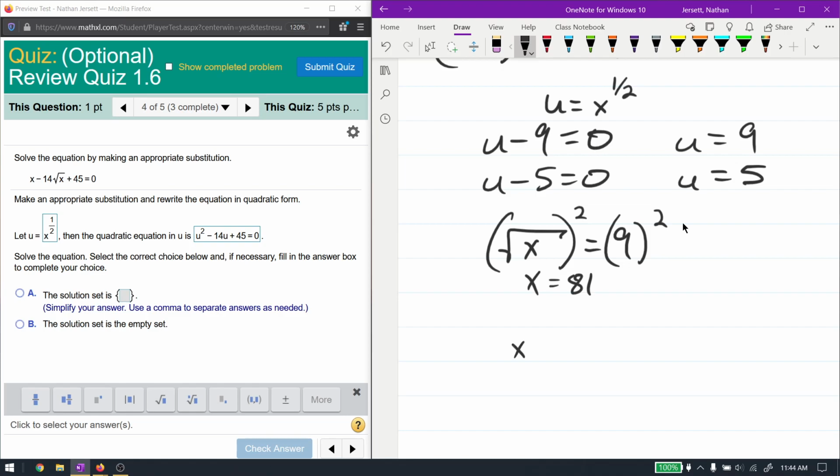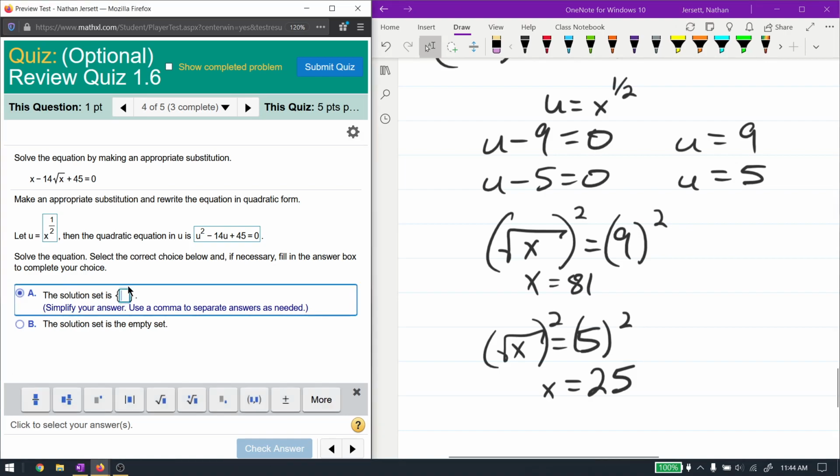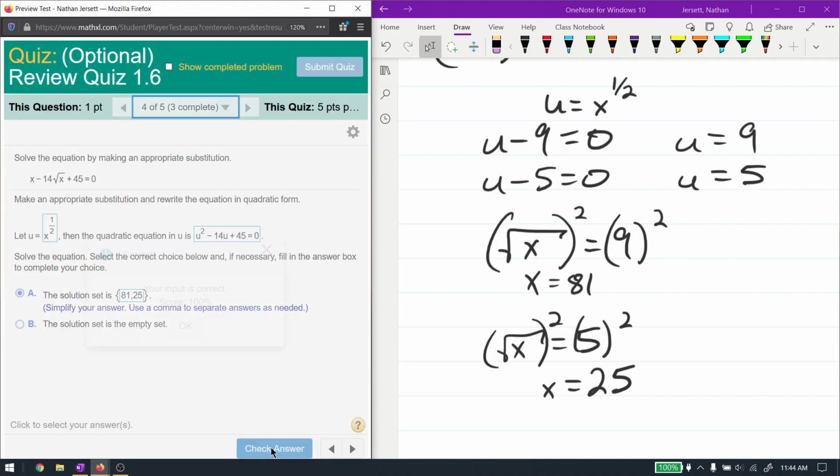And then the square root of x equals 5. Square it. We get x equal to 25. Those are the two solutions for this equation with x, not with u, right? With u, it's 9 and 5, but we didn't start with u, so we need to make sure we end with the same variable we started with. Check it, and it's correct.